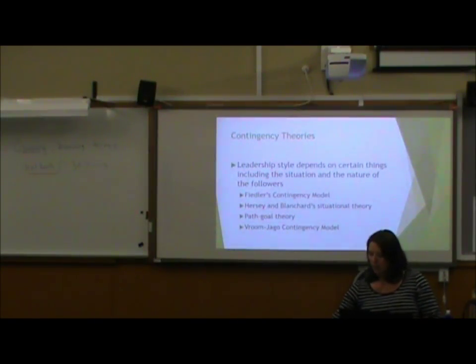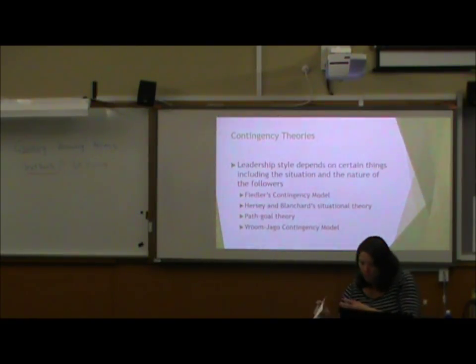So for that one, page 69, it's got the 5 different leader decision styles: decide, consult individually, consult the group, facilitate, or delegate.